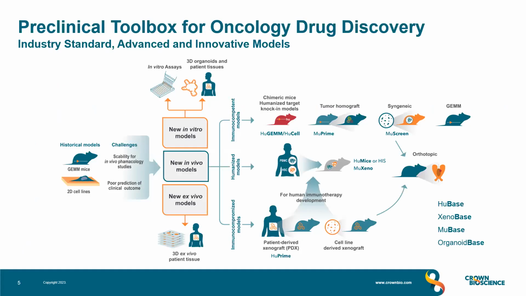As resistance can be multifaceted, one model may not be enough to interrogate it, but having a preclinical toolbox that can help to differentiate therapeutic approaches is shown here in our Crown Biosciences capabilities.